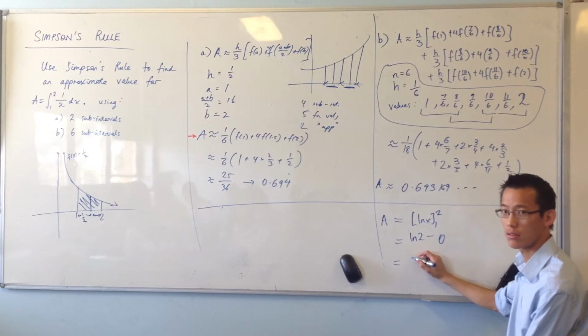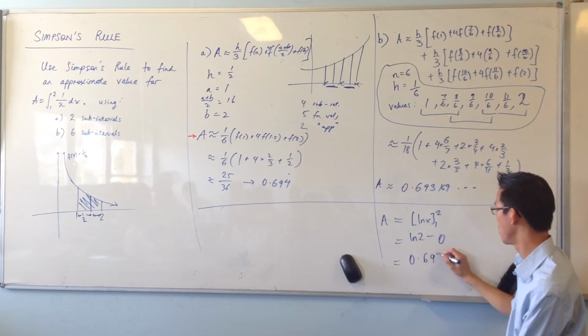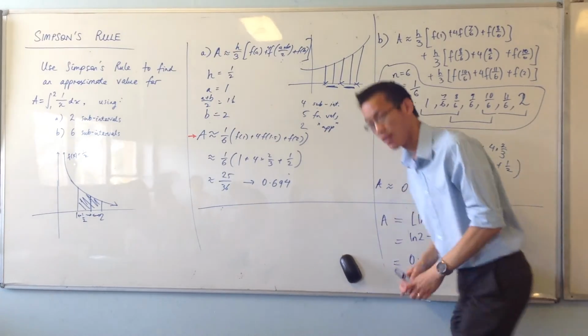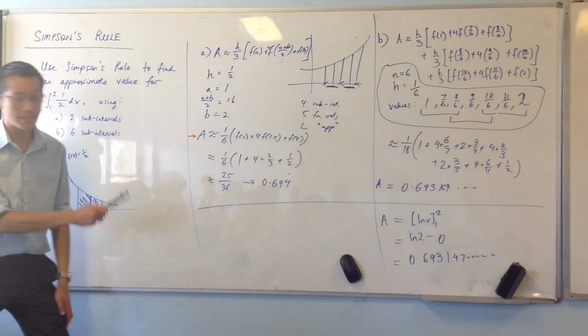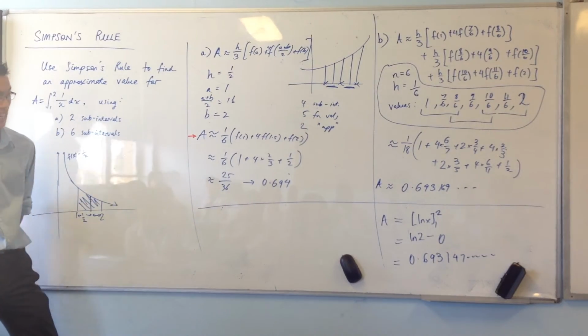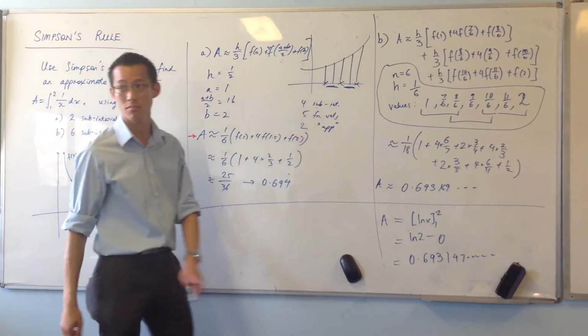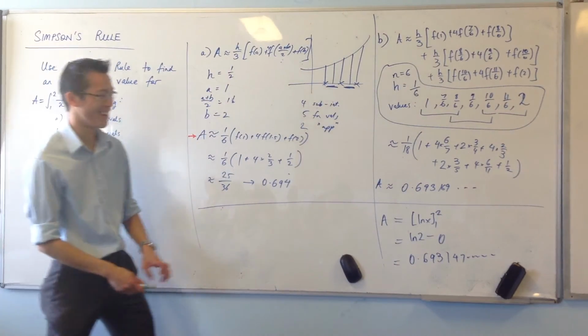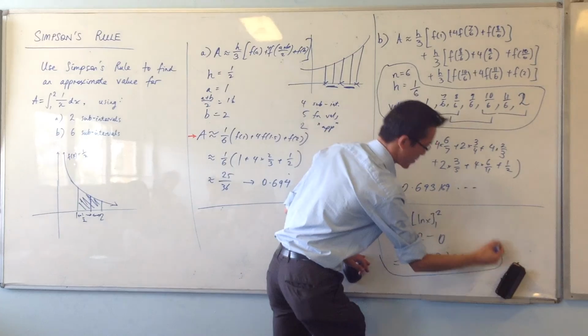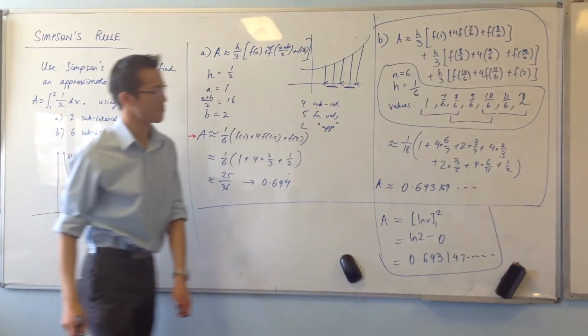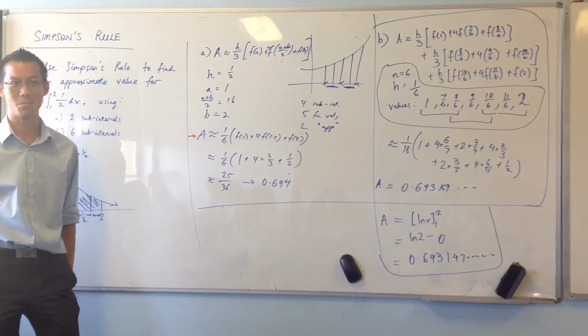So what's log 2? 147. Okay. So you can see, because we did Simpson's rule right, we were getting pretty close, right? Well, how many is that? That's 4 decimal places, which is not bad, right? But then you look at this amount of work versus this amount of work, and yeah, that's why integration is pretty cool.